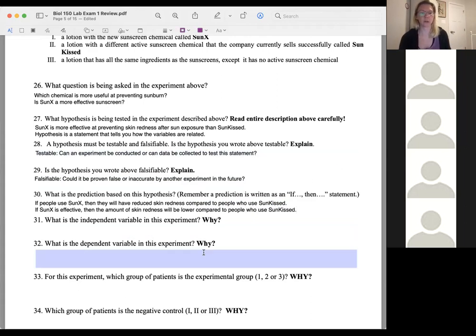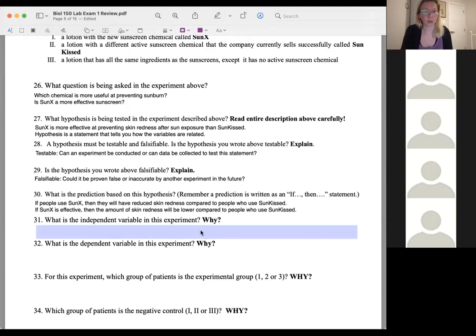Okay, so what are the two variables here? What is our independent? What is our dependent? The independent will be the new sunscreen. Okay, so independent variable, the new sunscreen.